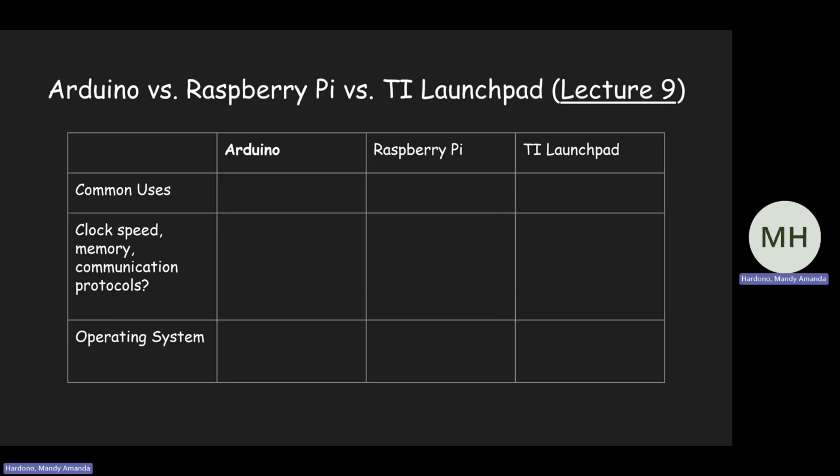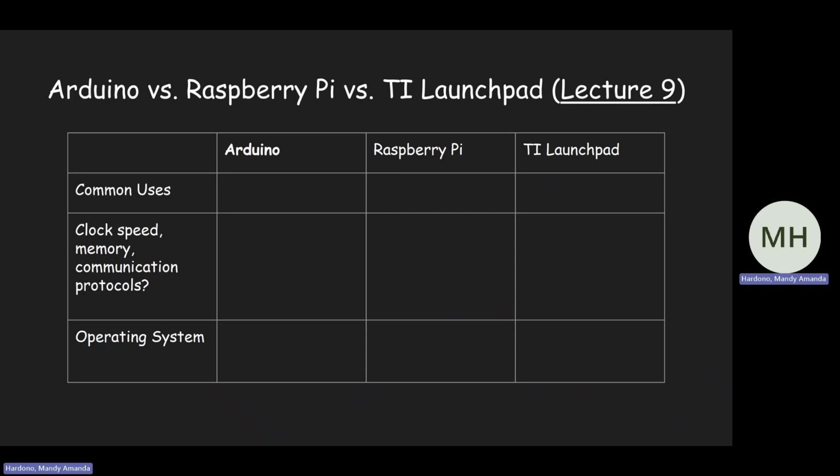So next you'd want to know the differences between each device: Arduino versus Raspberry Pi versus TI Launchpad. You want to know some common uses of each. For example, the Raspberry Pi is most commonly used for simple projects as it is your little tiny computer.